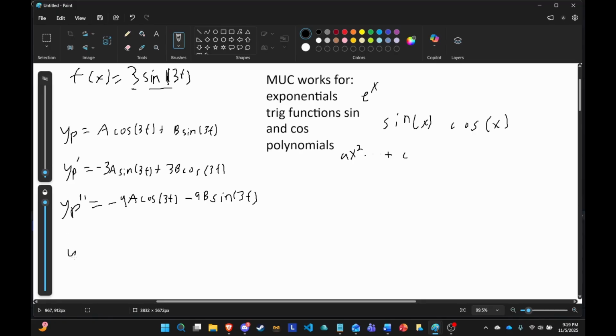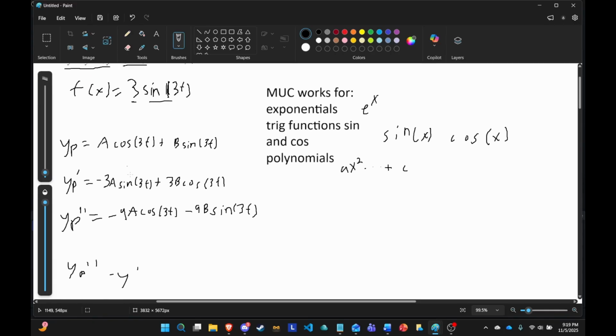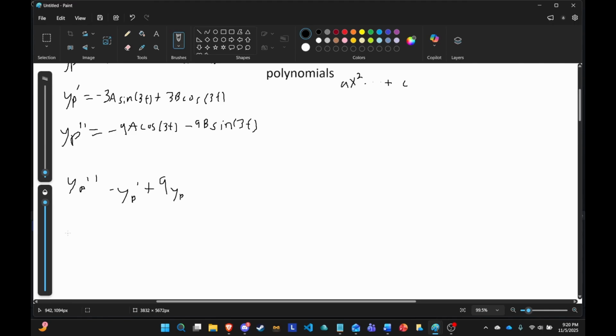So we're going to have y sub p double prime minus y sub p prime plus 9y sub p. We're going to just rewrite them down here.